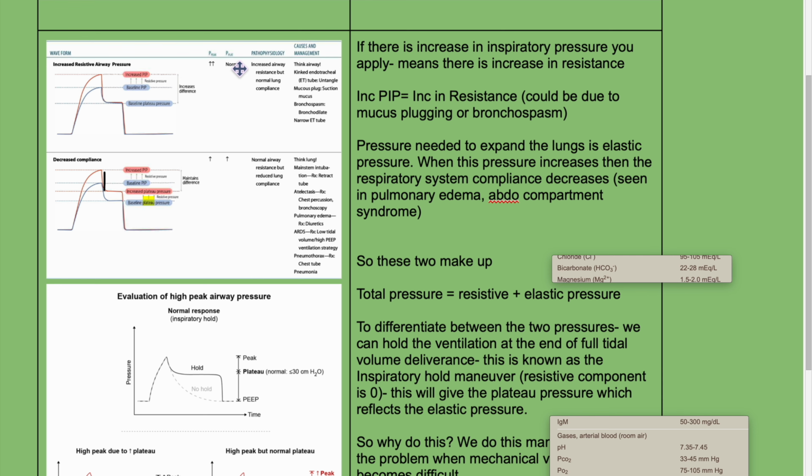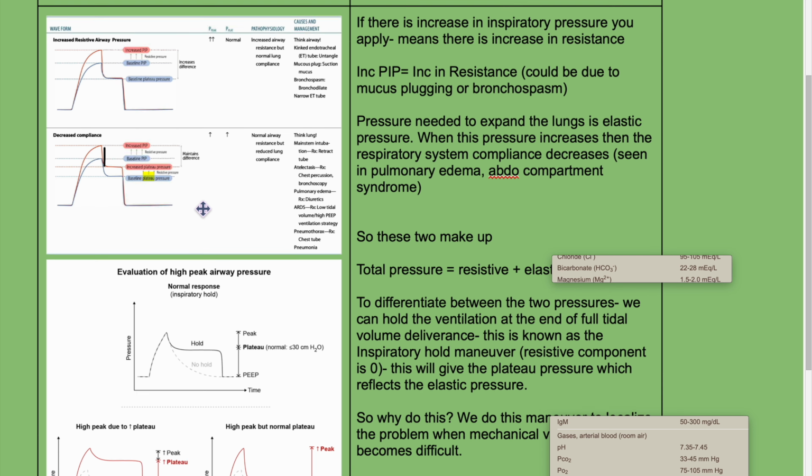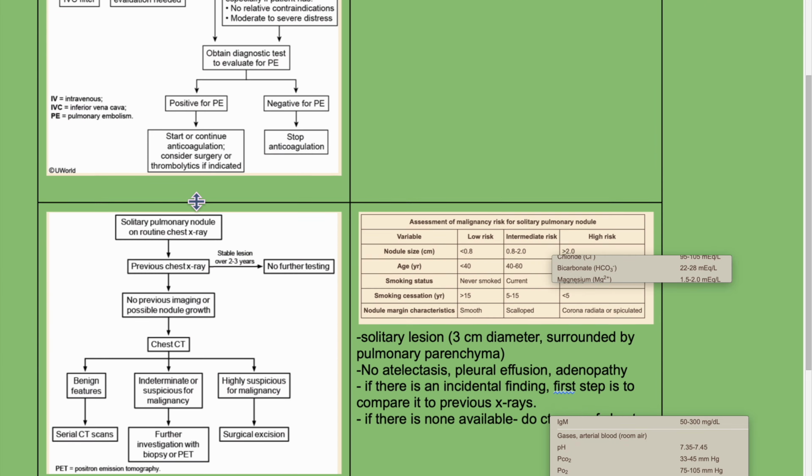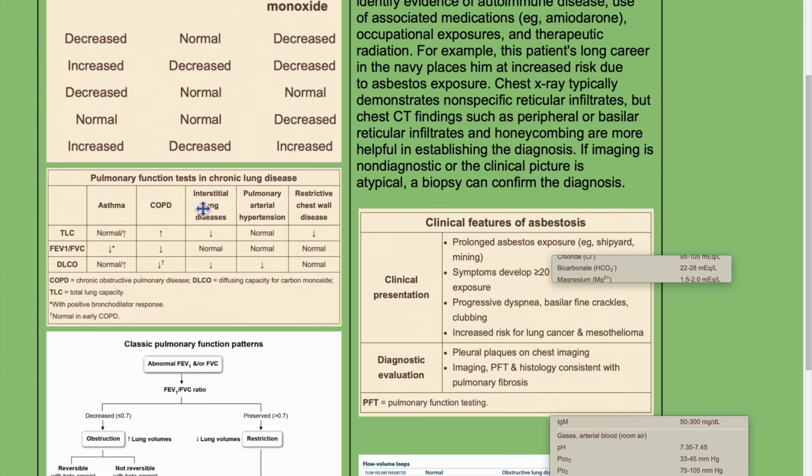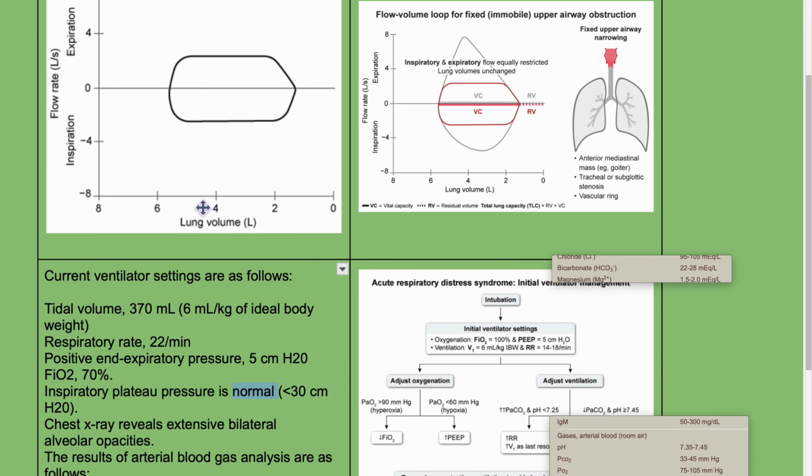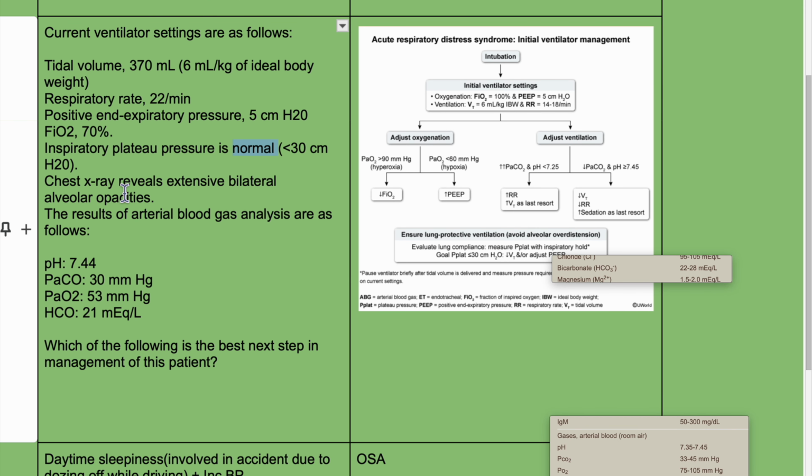If you have normal plateau, you have increased resistive airway pressure. Okay, so there's that. Chest X-ray reveals extensive bilateral alveolar opacities, and these are the results. Which of the following is the best next step in management of this patient?